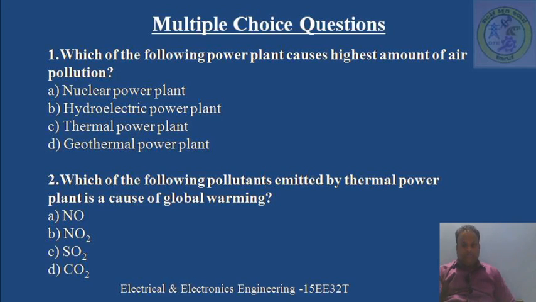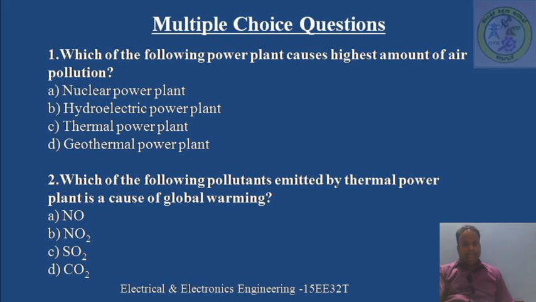Second, which of the following pollutants emitted by thermal power plants is a cause of global warming? Nitrous oxide, nitrogen dioxide, sulfur dioxide, carbon dioxide. So far we have studied that the emissions from the stack of thermal power plants are harmful: nitrous oxide, carbon dioxide, carbon monoxide, nitrogen oxides.